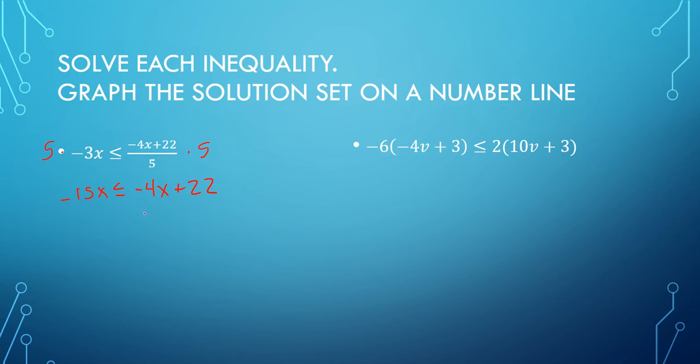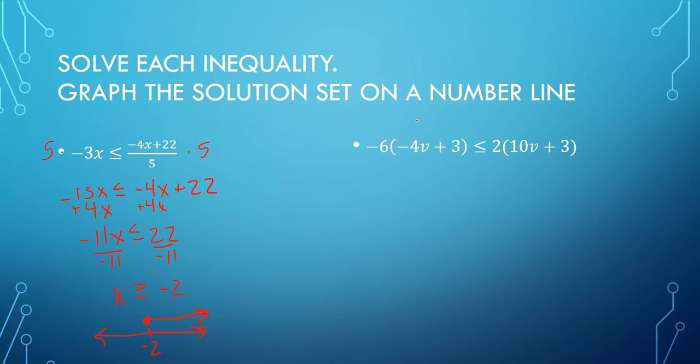Now I need to solve for x, so let's add the 4x, combine those x's together, and I get -11x is less than or equal to 22. That's multiplying, so divide to get rid of that. Again, I divided by a negative, so I need to flip that inequality sign to go the other direction. Graphing, -2's in the middle. Closed circle since it's equal to, and greater than is to the right.